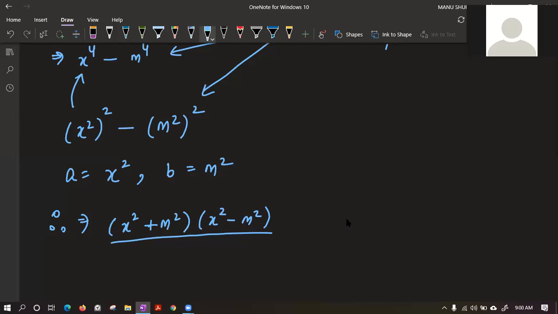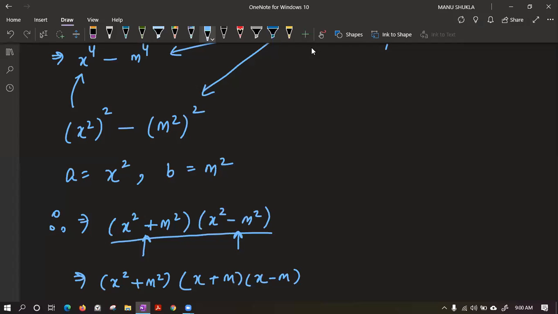Rudra, you also tell, beta. Can we further simplify it? Yes. See, this first one cannot be simplified, but the second one can be simplified. So it becomes x square plus m square into x plus m into x minus m.